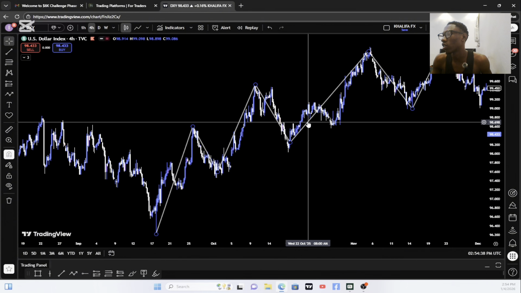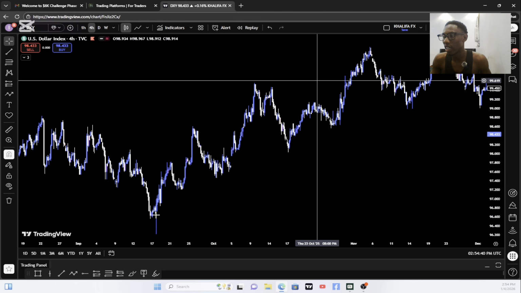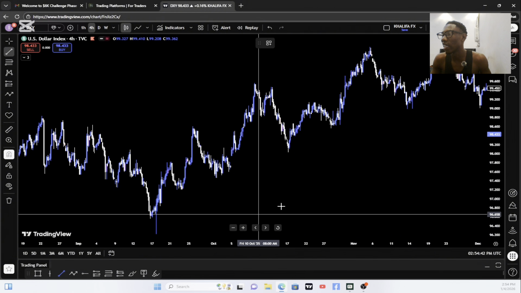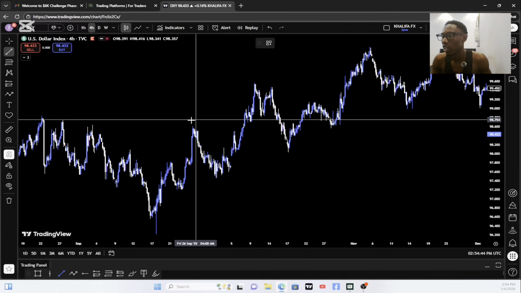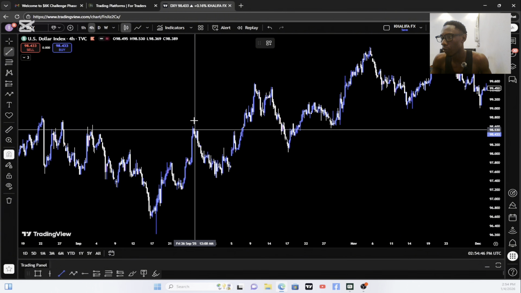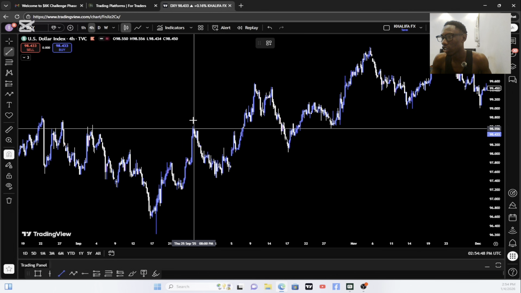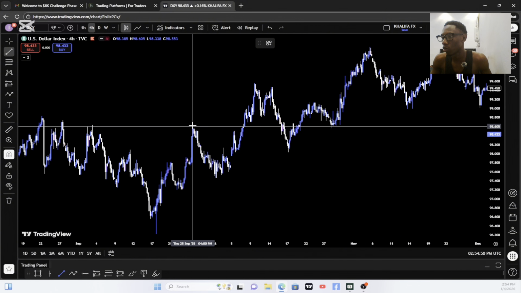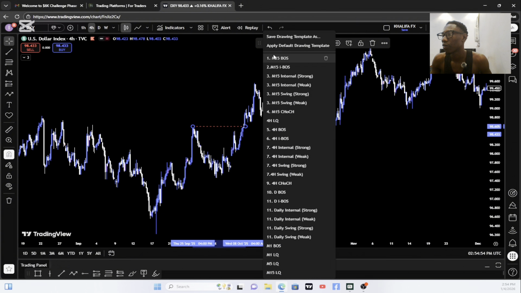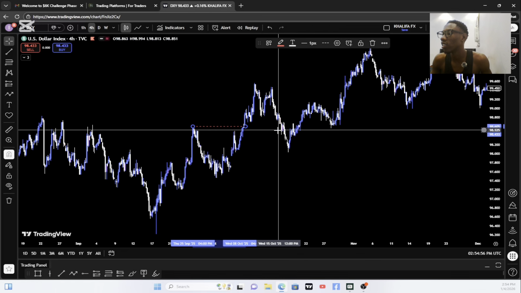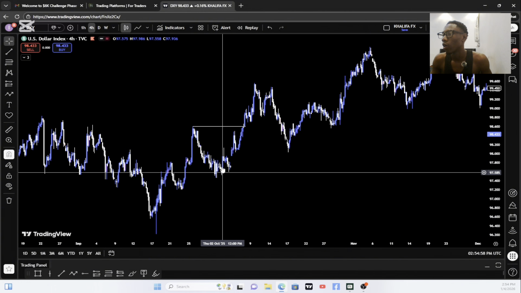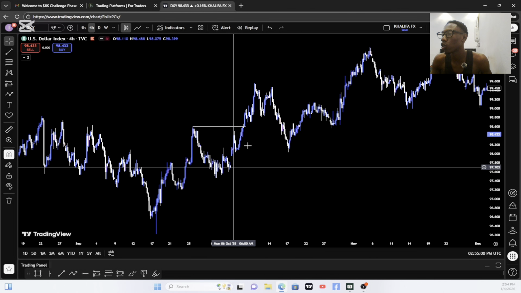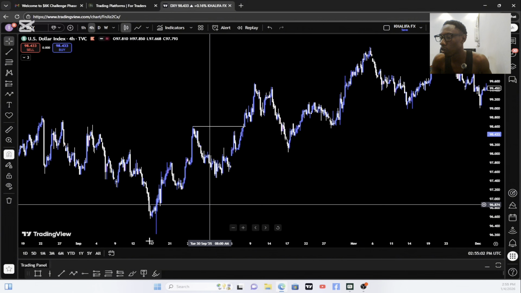So because this is a bullish trend, and if you are able to identify your break of structure, here is a break of structure, right? This is a break of structure. So since this is a break of structure, where is the lowest point that went on and caused that break of structure?